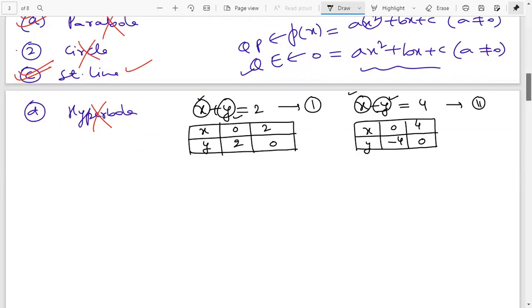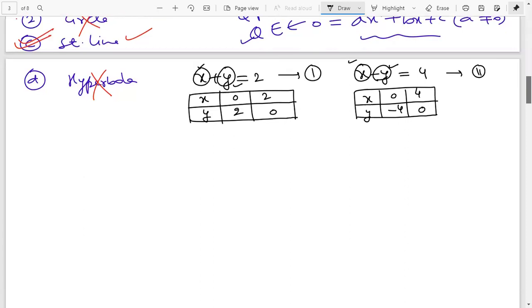Now we'll see how we can plot on the xy coordinate system, xy axis, or we can say graph paper. In the actual CBSE board examination, graph paper will be given for the construction chapter, chapter number 11 or 12, I think.